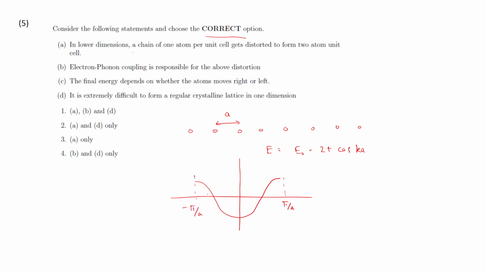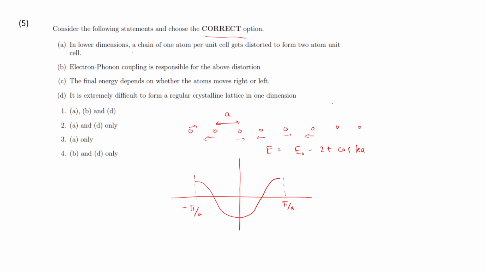Now what can happen is, these atoms are actually not stationary. In reality, the nucleus of each atom should be vibrating, and the quanta of those vibrations are called phonons. And let's say during some vibration, these two atoms came together, so this can happen.